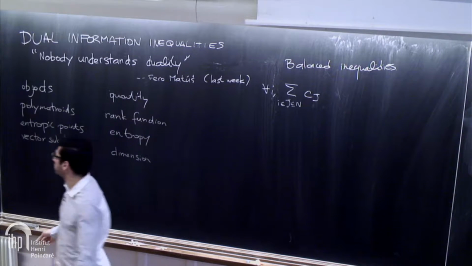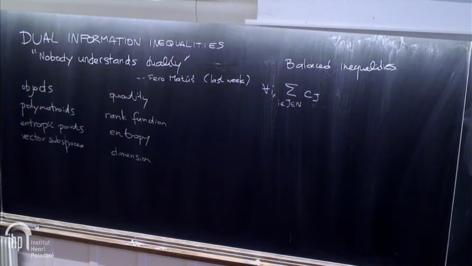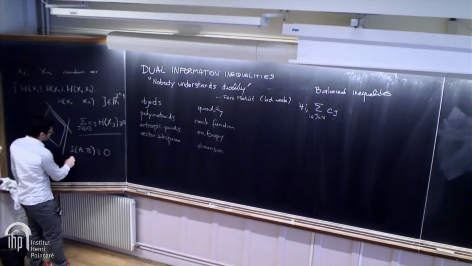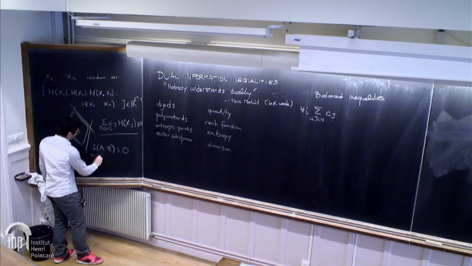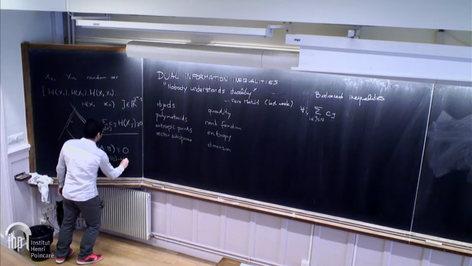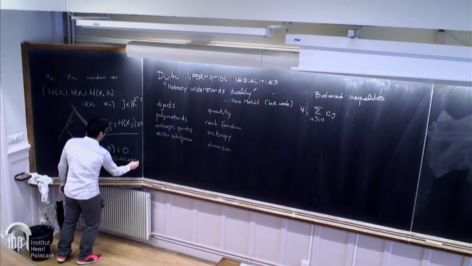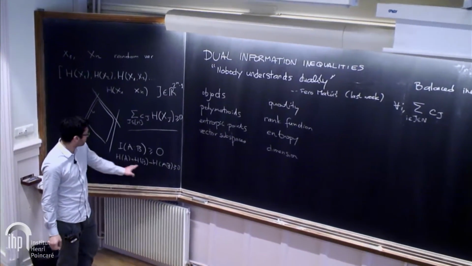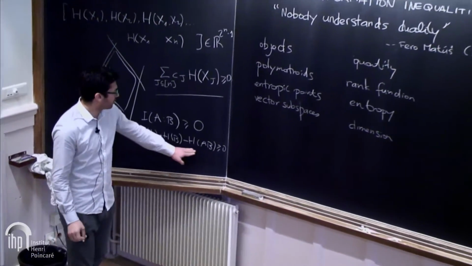For instance, the mutual information between A and B is an inequality. It is the entropy of A plus the entropy of B minus the entropy of AB. So the coefficients are 1 for A, 1 for B, and -1 for AB.